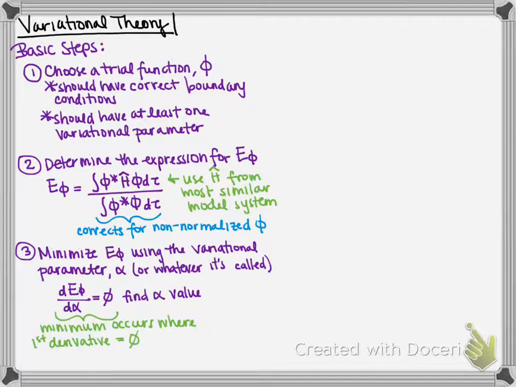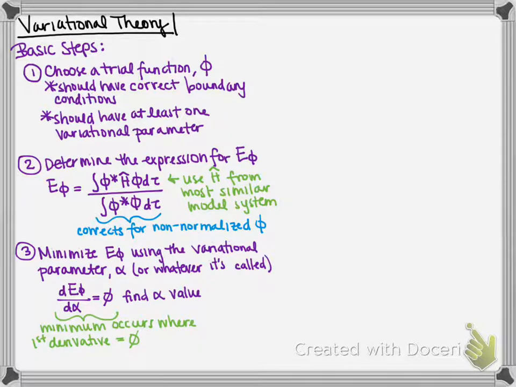To do that, calculus tells us we want to take the first derivative, because when the first derivative equals 0, that's where minimums and maximums can occur. And we're going to assume that this is going to be a minimum because we've set this up correctly. So generally, we don't have to worry about maximums here. There are some exceptions to that rule, but for the purpose of this class, I will not give you a problem where you have to concern yourself with determining between a minimum and a maximum.